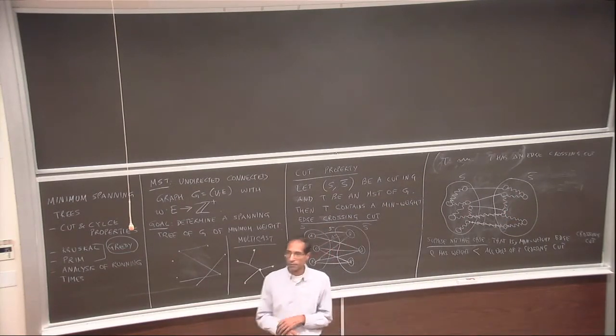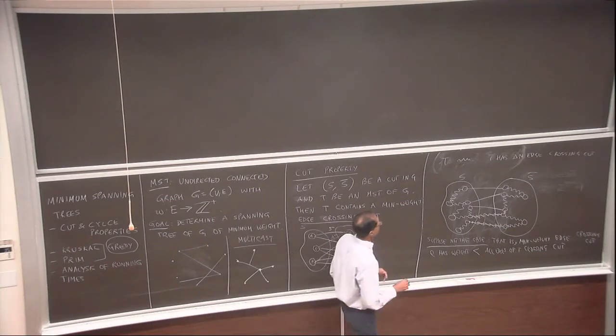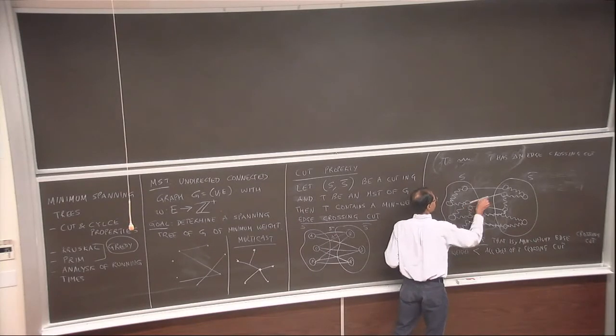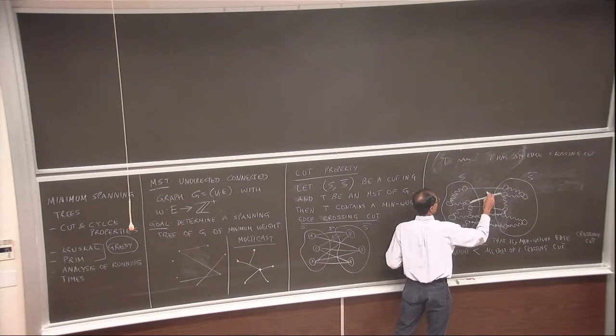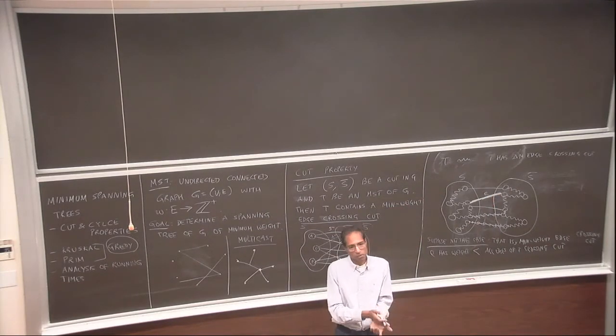Let's say the minimum weight edge crossing the cut happens to be this one. This is the edge E. And as I said, there could be many minimum weight edges crossing the cut. Let me pick any one.